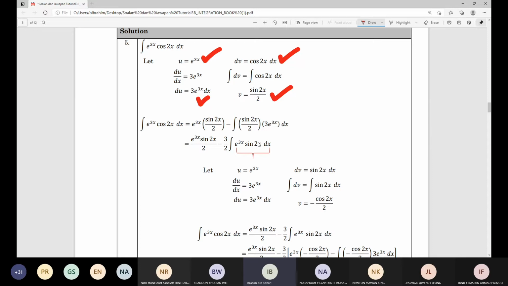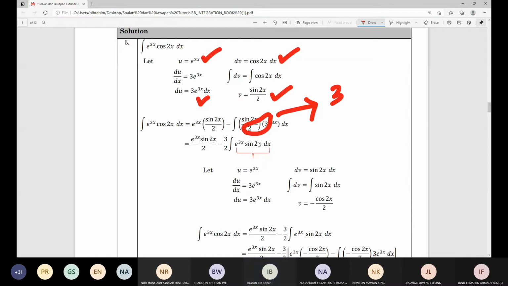This one is the same: you let u be the exponential function, and dv equals cos 2x. And uv is e to the 3x sin 2x over 2, minus the integral of sin 2x over 2 times 3e to the 3x. And once again, the constant here equals 3/2.